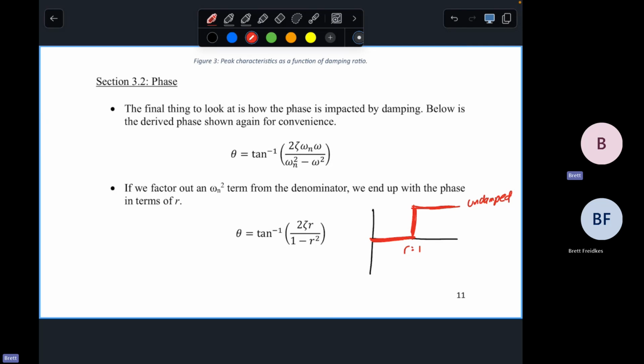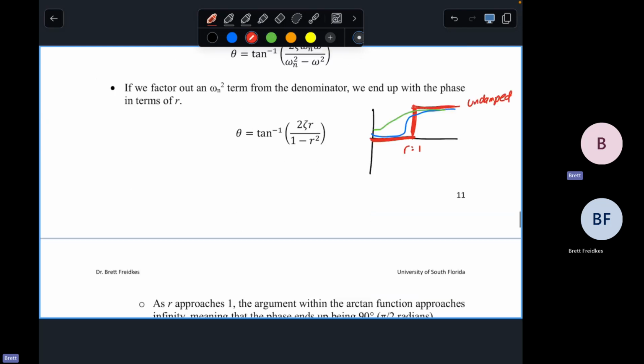It's not just flat, up, flat. It's way more gradual. When we have low damping, it might look something like this, and as we increase the damping, it might have a more gradual transition. Do we see that? Think about the most extreme case. If we're undamped, perfectly in phase, perfectly out of phase. With the damper present, it'll cause that transition to not occur as abruptly.